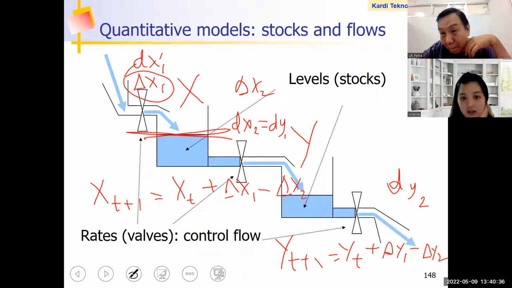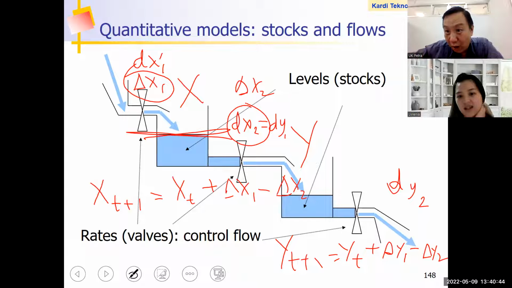The car that goes in. Okay, what is delta X2 in here? The car that goes out. Right. Easy. You can create the equation, right? The same thing with queuing. Any queuing system.